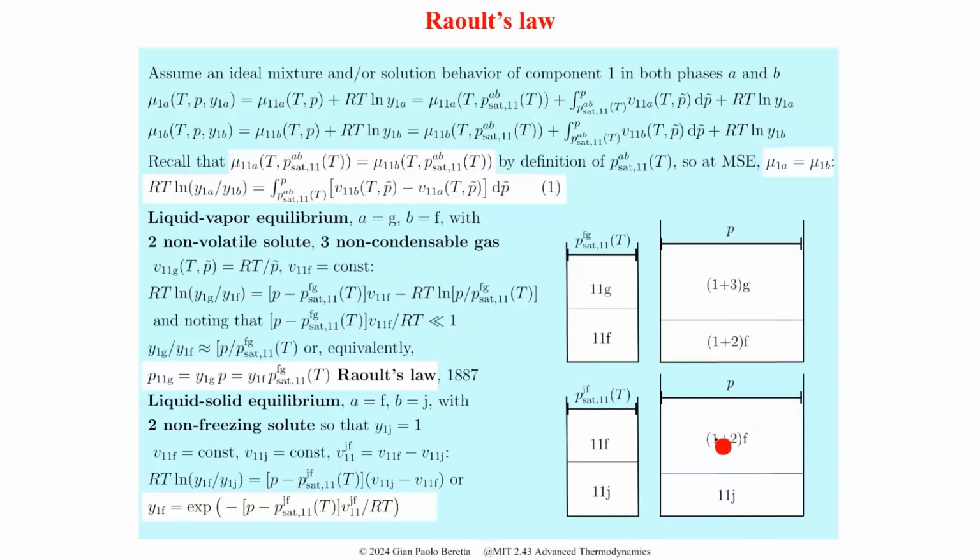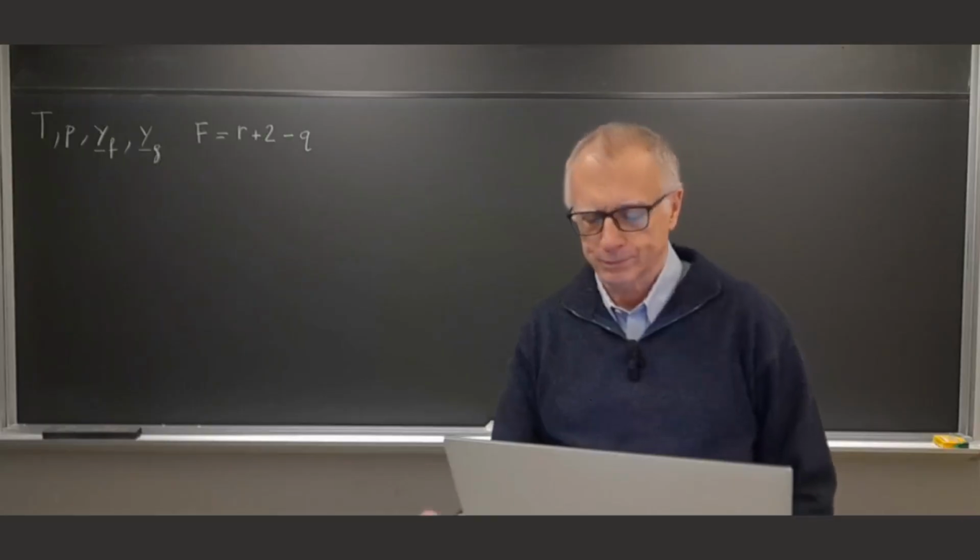So it's a solute of the liquid solution, but it doesn't freeze. And therefore we need only equality of chemical potential of component 1 between this and this. And this actually is not a mixture, it's just a pure component. I mean, this is just pure ice.